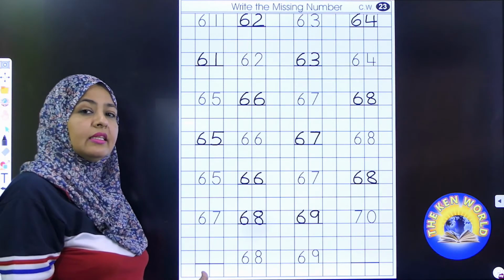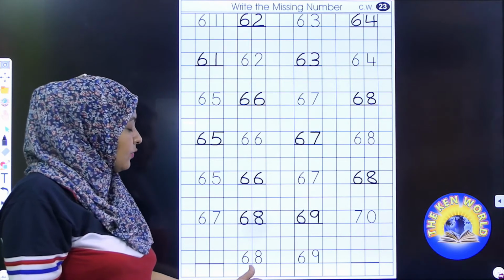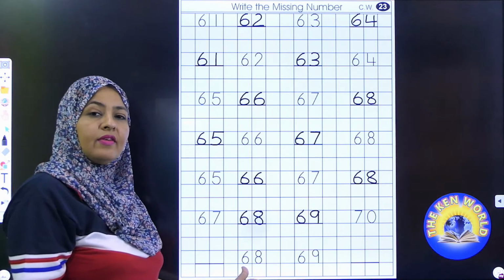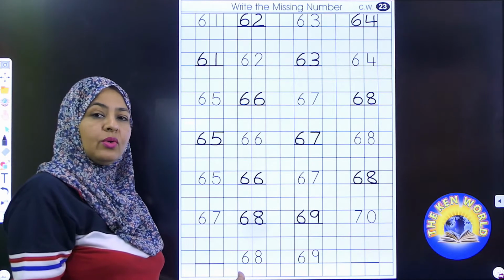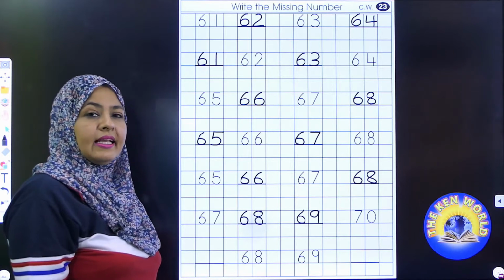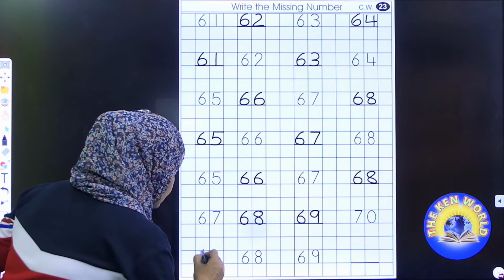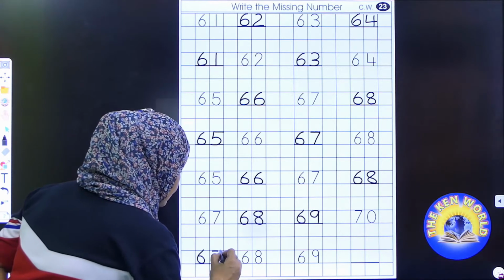You can see there is no number. So move to the next one. Here we have number 68. So what comes before 68? Exactly, 67. So write here 67.